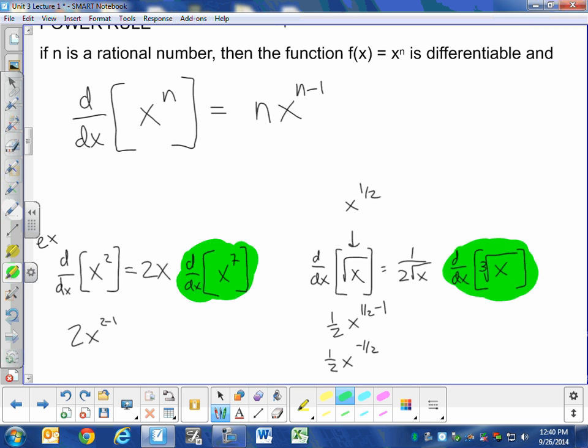Now, I'm not taking the derivative of an equation. It's just an expression, which is why we don't have y prime equals or f prime equals.